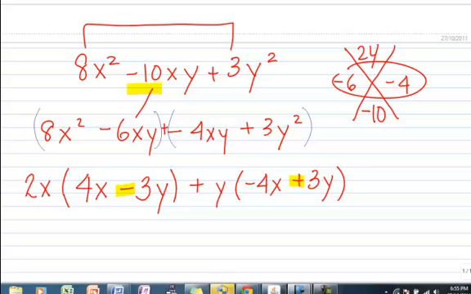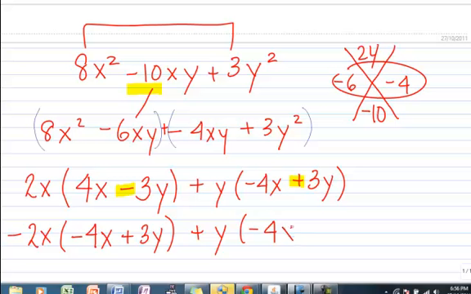So if I factor out negative 1 in the first bracket, that means I divide each term by negative 1. So this will become minus 4x, and this will become a positive 3y, and I write everything the same. Now, as you can see, they're exactly the same thing now, including the sign.